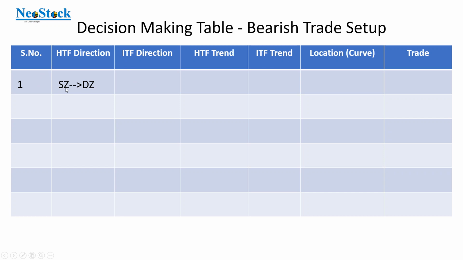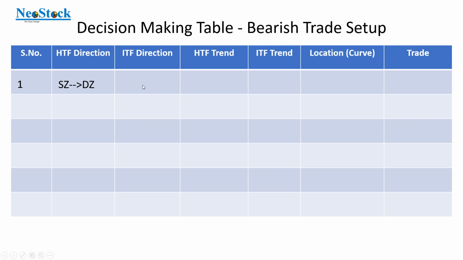Let us plan our trades in favor of the HTF direction. So HTF price direction is supply zone to the demand zone. Whether in favor of the HTF direction or against the HTF direction, the compulsory rule is in ITF direction in all these rows.